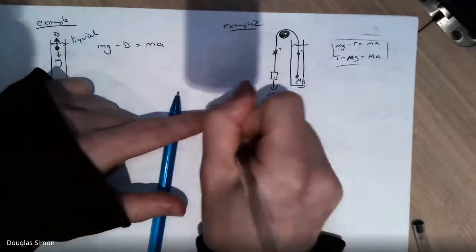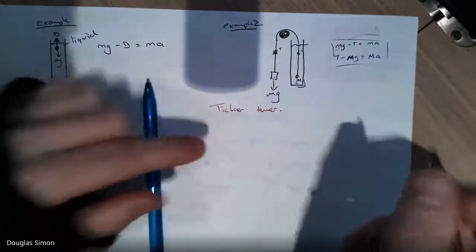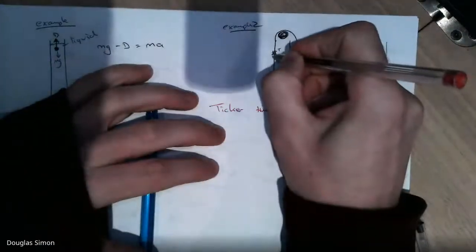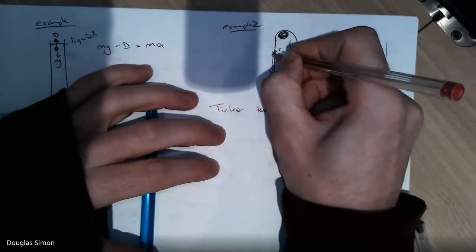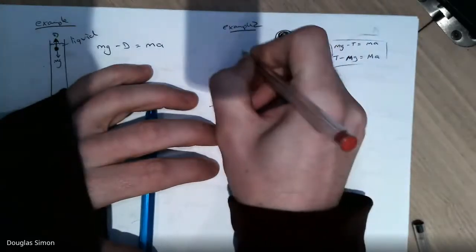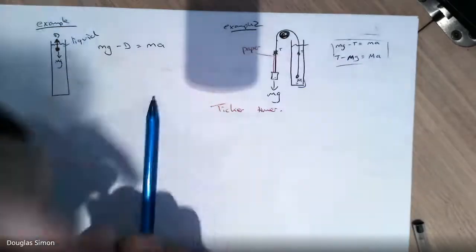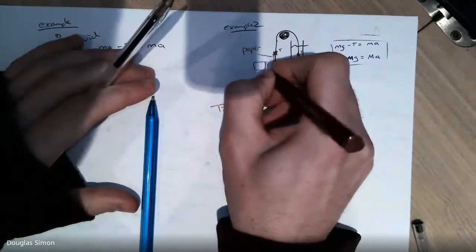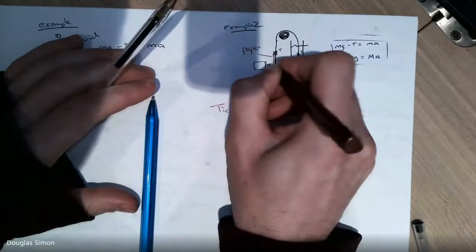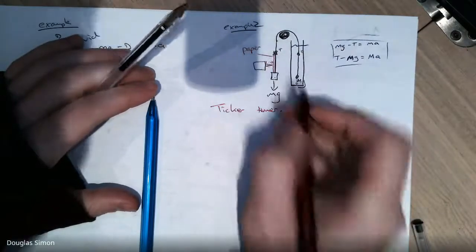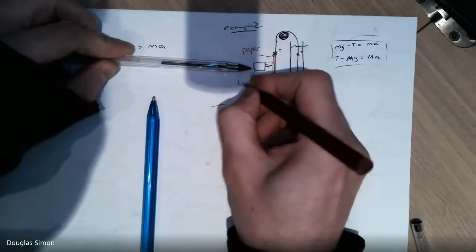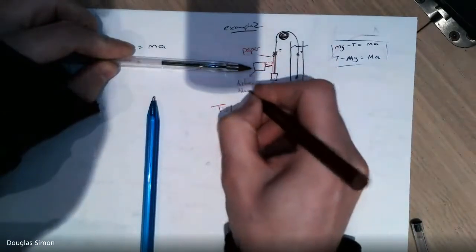A ticker timer is not something we use very much nowadays, but you basically attach some paper to something that's moving, and then you have a little machine that basically pokes a hole in the paper every so often.